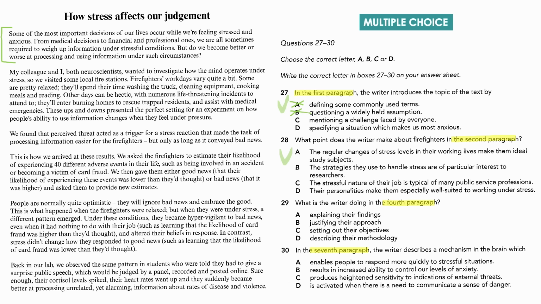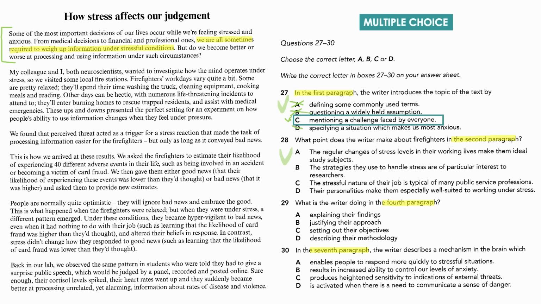Indeed, it says we all sometimes require to weigh up information under stressful conditions. So yes, it looks like C may be our answer, but let's still check D. Specifying a situation that makes us most anxious. No. Okay, so C is our answer.